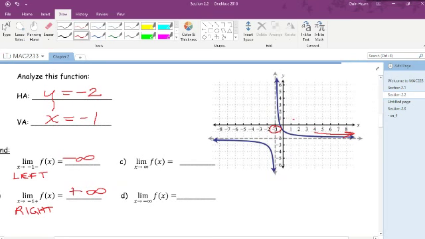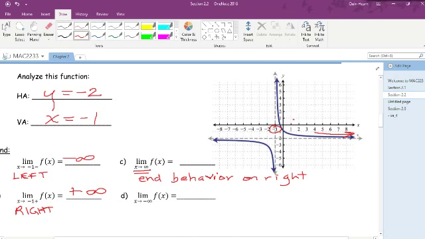So in this case, if we want to look at the end behavior on the right, we're talking about the limit as x approaches positive infinity. What's happening to the y values as the x values increase without bound?